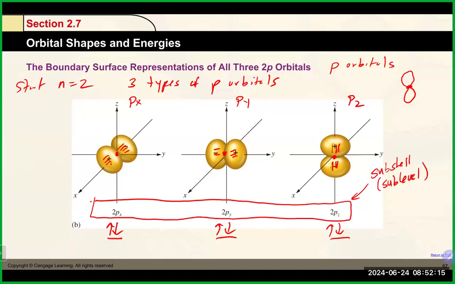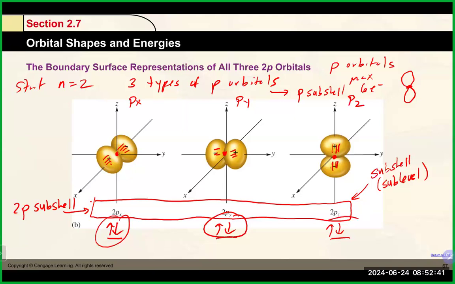This would be what is referred to as the 2p subshell, taking into account all 3 of the different p orbitals, the px, the py, and the pz orbital. Because there are 3 types of p orbitals, that p subshell can hold a maximum of 6 electrons: 2, 4, and 6 electrons. So maximum there of 6 electrons.